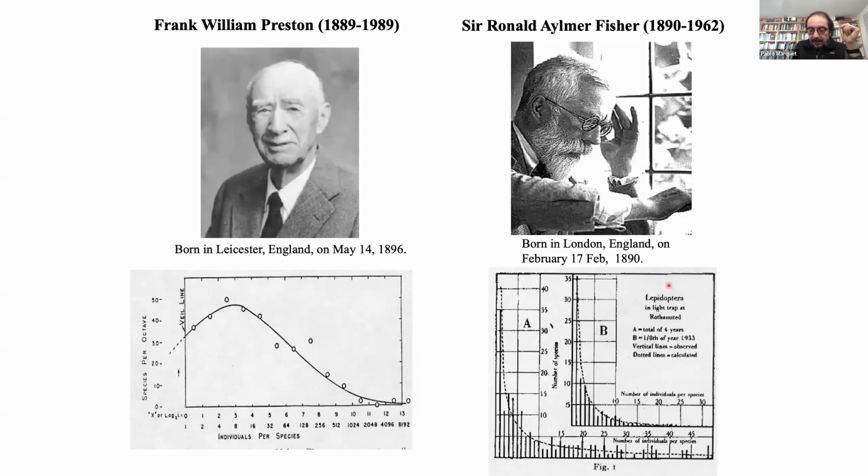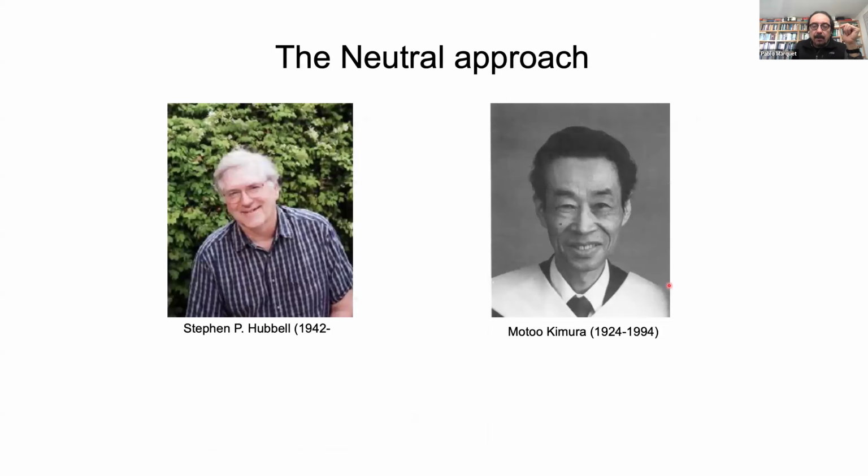So that was the state of the business until someone called Steve Hubbell came in and did a unification, following a little bit the steps of Motoo Kimura, who catalyzed what we call the neutral approach in population genetics, saying that most mutations have very slight fitness effects.